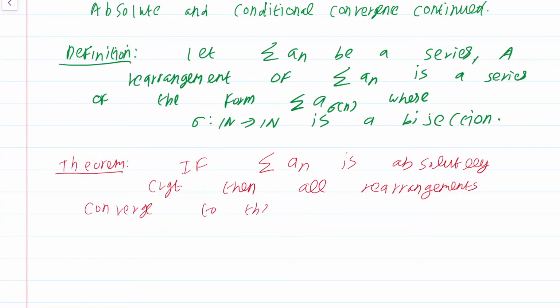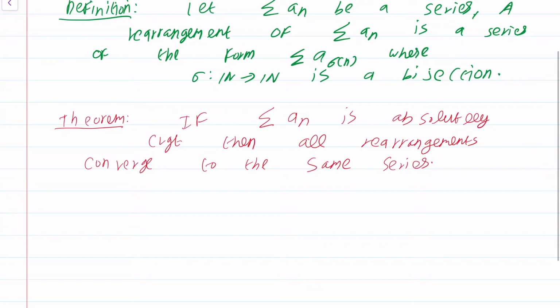So when you rearrange a series that is absolutely convergent, you cannot get a different limit. Proof. First, I am going to show that a rearranged series will converge, in fact will converge absolutely. So let sigma from n to n be a bijection.